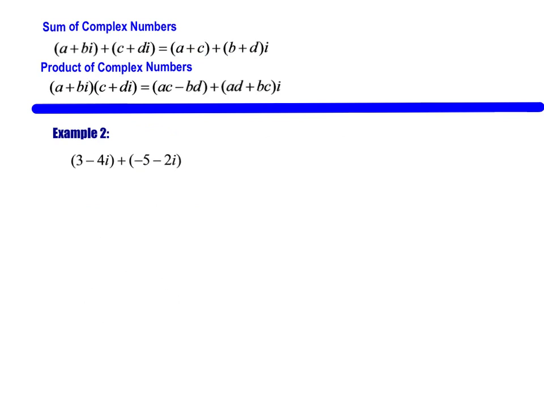Let's do the same thing but sum these two complex numbers. Very similar idea, really not much else happening other than we need to put together the real part with the real part. So this time it would be -2 and imaginary with imaginary. So this is going to be -6i.